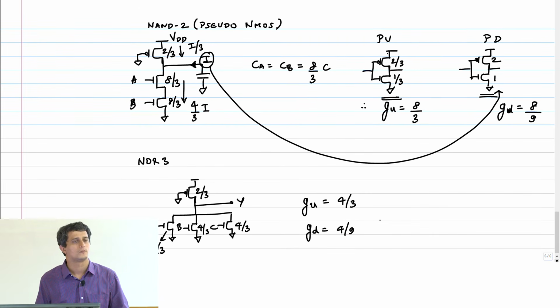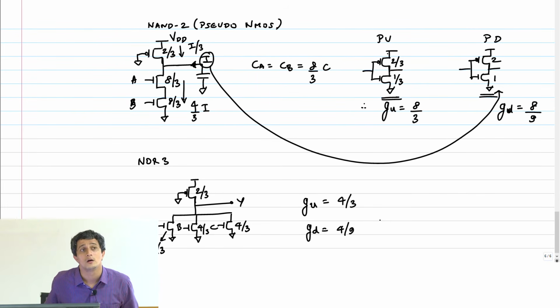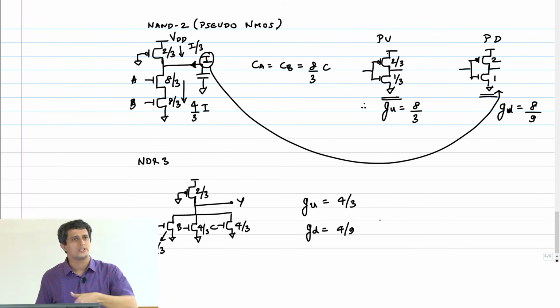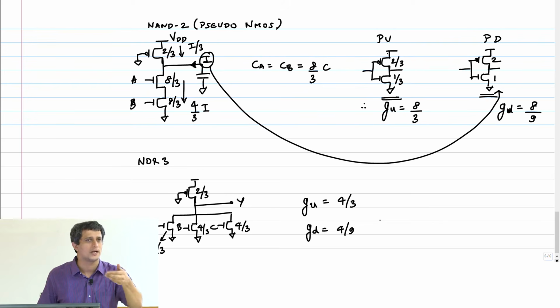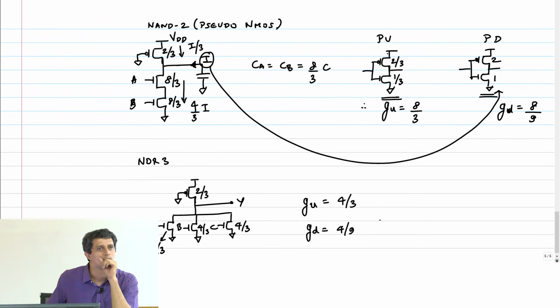Clear? Doubt? Why is the PMOS 2 by 3? Because we just calculated based on the noise margin, right? VOL has to be something, and I said, okay, let's assume that WP by WN has to be half. It gave us a good noise margin, so I said that's 2 by 3.